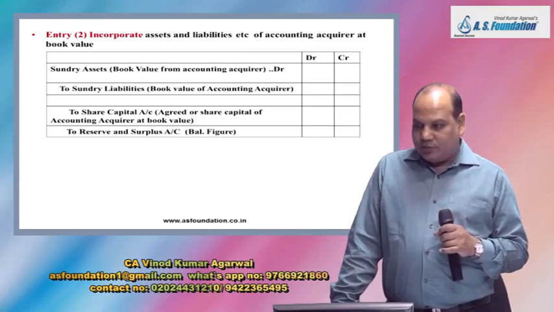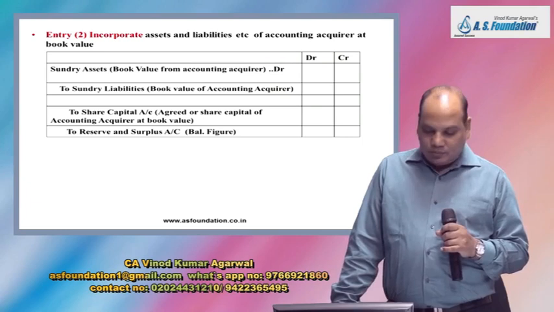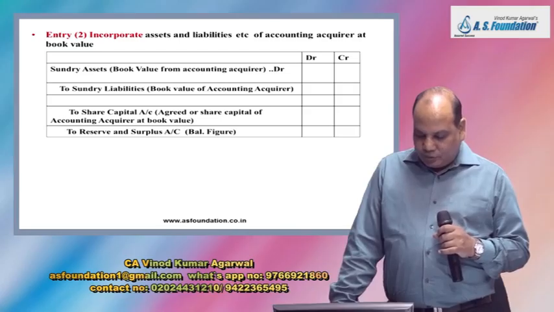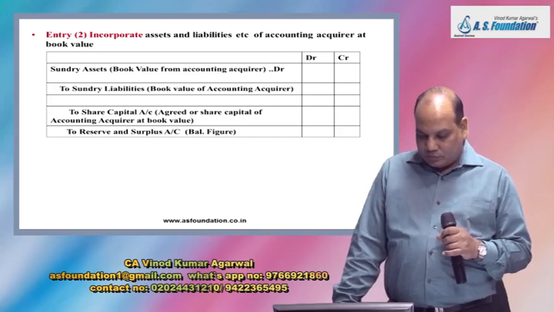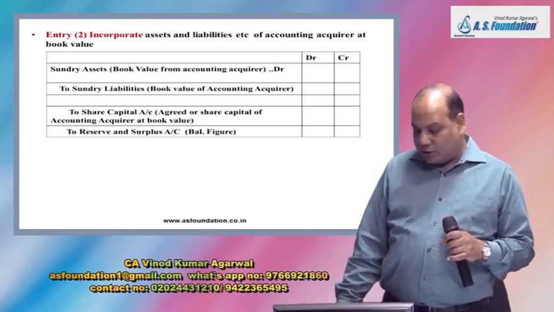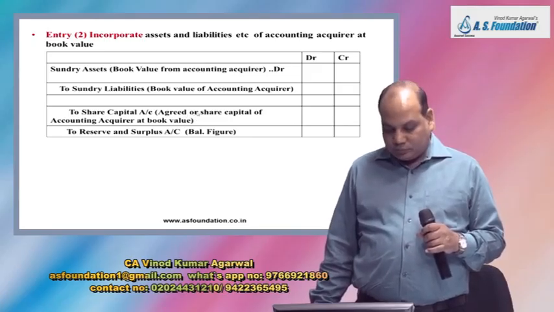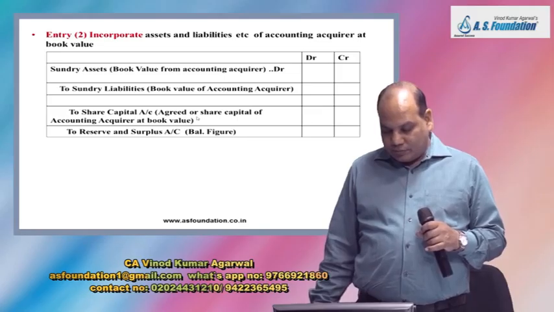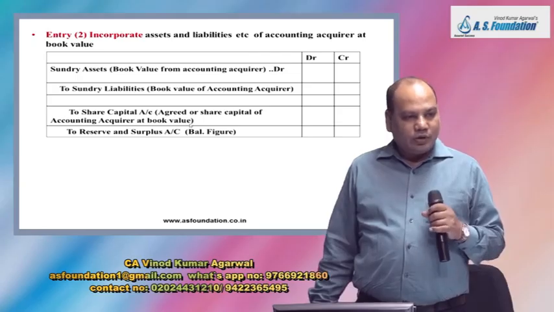Sundry assets account debit (book value), to sundry liabilities (book value), to share capital account (write down agreed shares) or share capital of the accounting acquirer at book value.